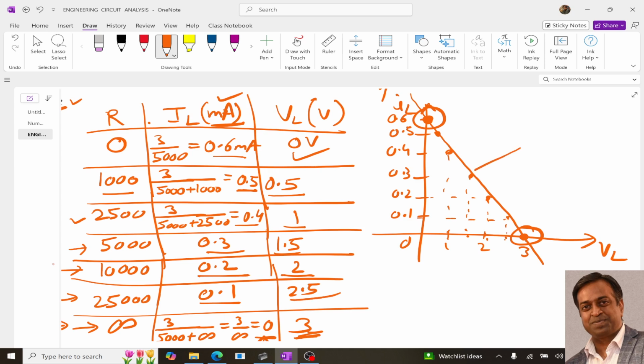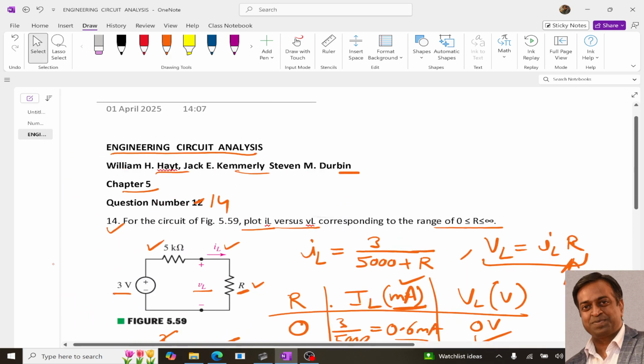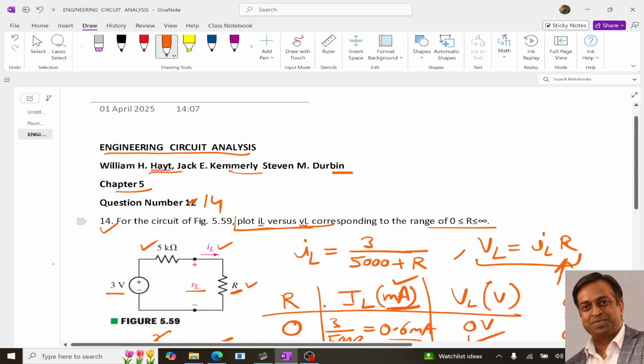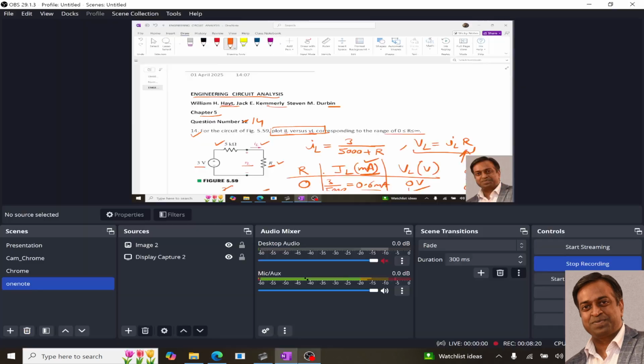So we get a straight line, and this is the answer to this particular question, where we needed to represent a graph between IL and VL. If you have any doubt, you can put it in the comment box.